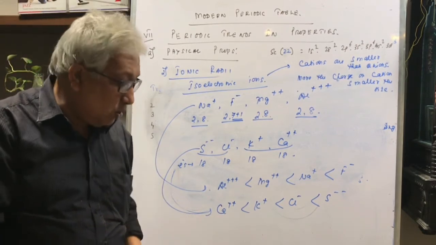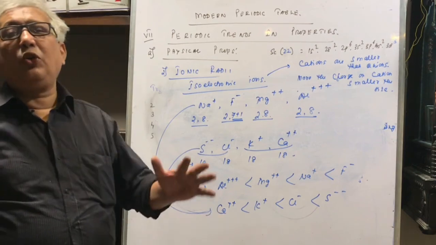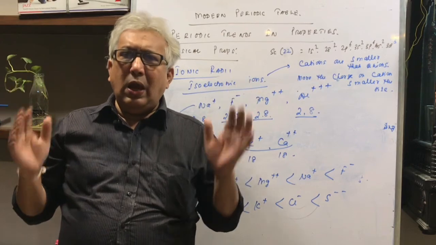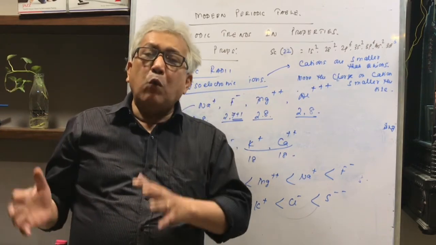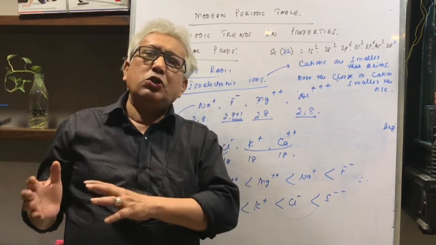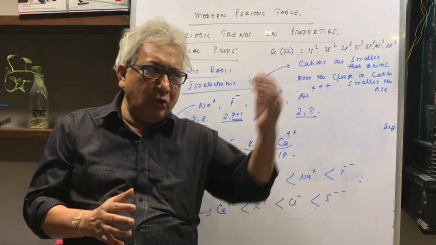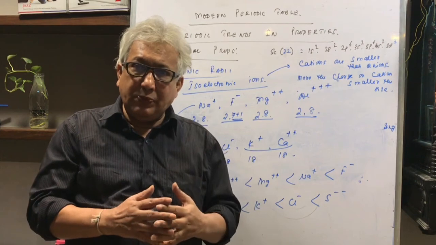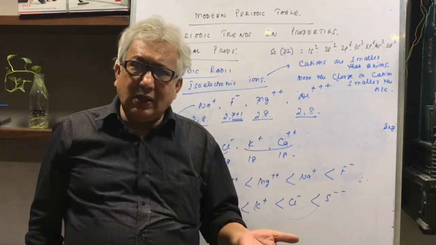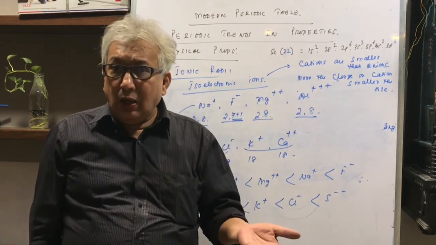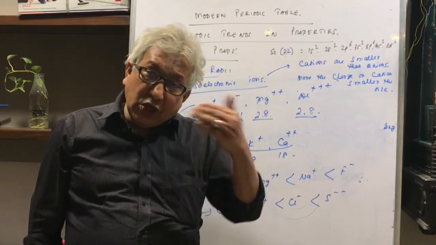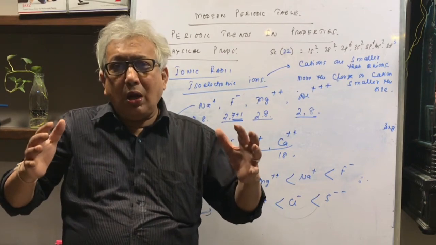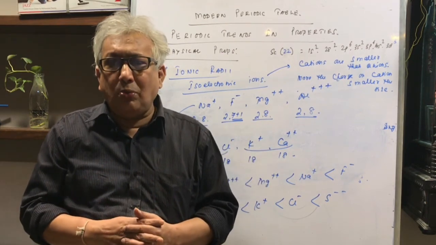So if you are asked to compare the size of isoelectronic ions, remember anions will be bigger than cations. And as far as cations are concerned, more the charge on the cation, smaller the size, because nuclear force of attraction on the outermost electrons becomes more concentrated. And as far as anions are concerned, they are bigger than the corresponding atoms, and more the charge on the anion, bigger will be the size, because there will be more expansion of the outermost shell.